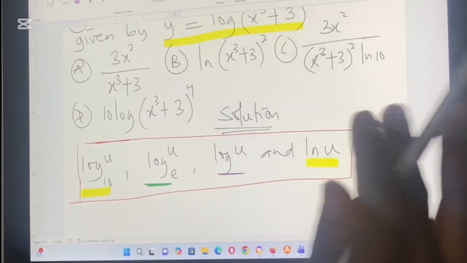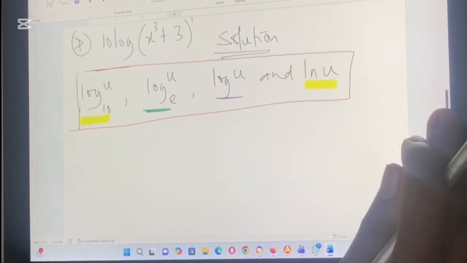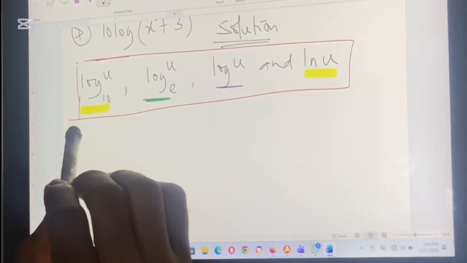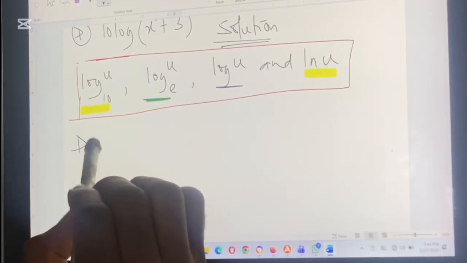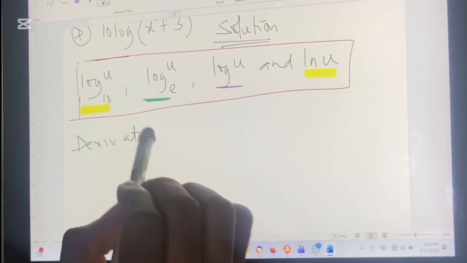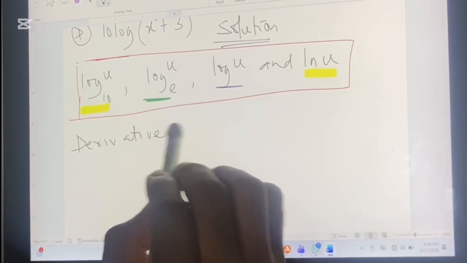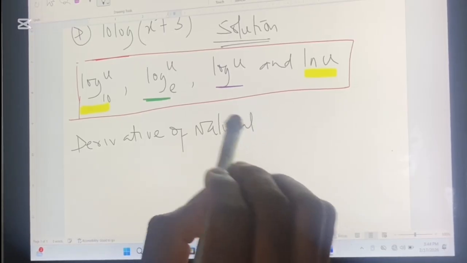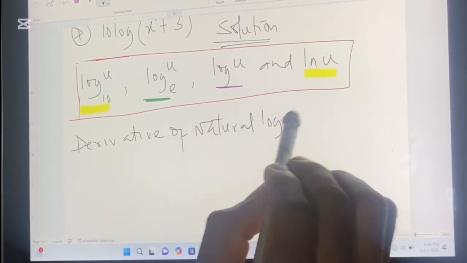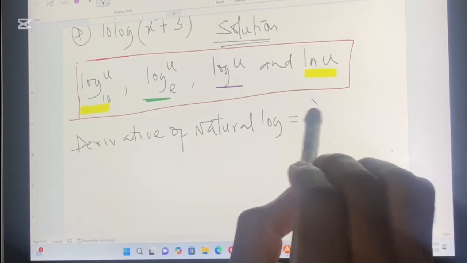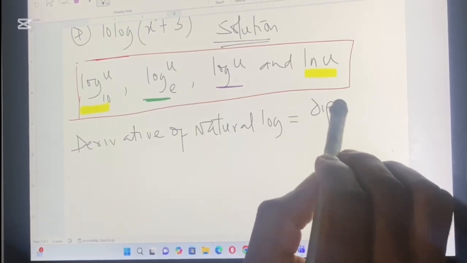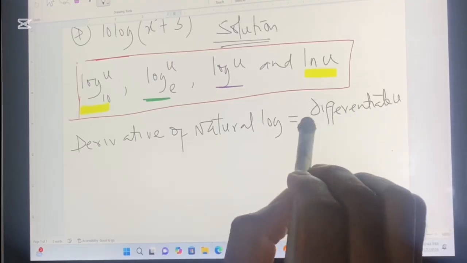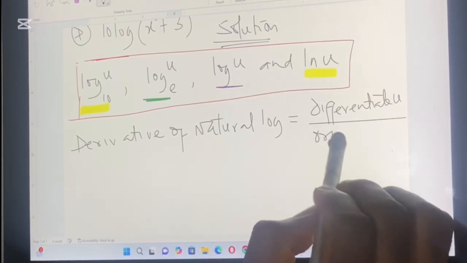Now, what is the pattern of differentiating natural log here? The derivative of every natural log is equal to differentiate u over original u.